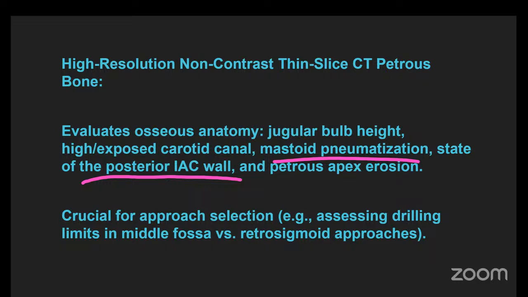We also want to see the state of the posterior internal auditory canal wall, whether there are erosions, whether the wall is thinned out, if there is any variation in jugular bulb height or exposed carotid canal, etc. So you want detailed bony anatomy of the petrous region, and this is crucial. Ideally, you should not be selecting your approach without a CT petrous bone.